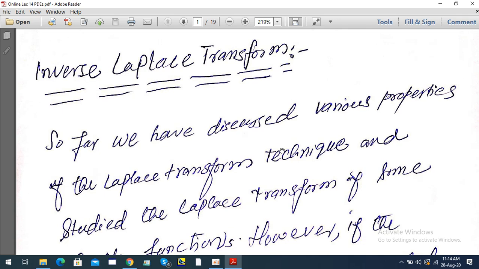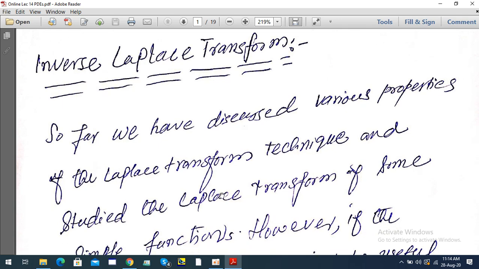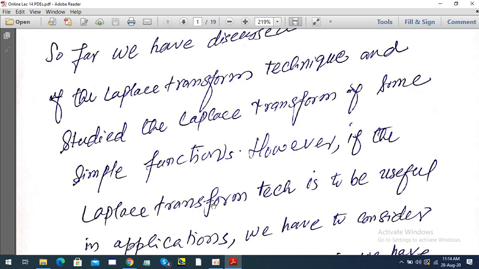Already you have seen that some of the students have presented the Laplace transform also. So you have observed or noticed the properties and the application of Laplace transform. So far we have discussed the various properties of Laplace transform technique and studied the Laplace transform of some simple functions.